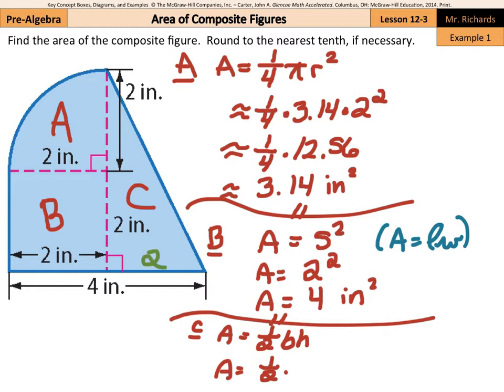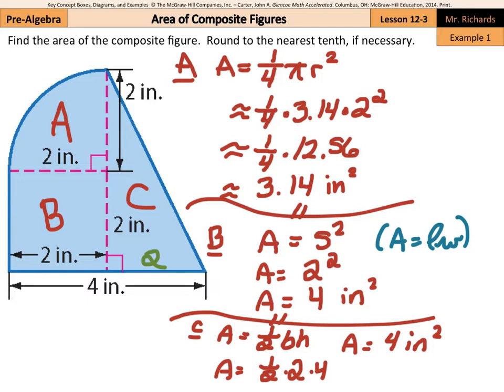So my base is 2. And my height, remember the base and the height of a triangle always meet at the right angle. So for my height, here is 2, here's another 2, and 2 plus 2 is 4 for the height. Well, the area of this shape, 1/2 times 2 times 4, is going to be 4 inches squared.